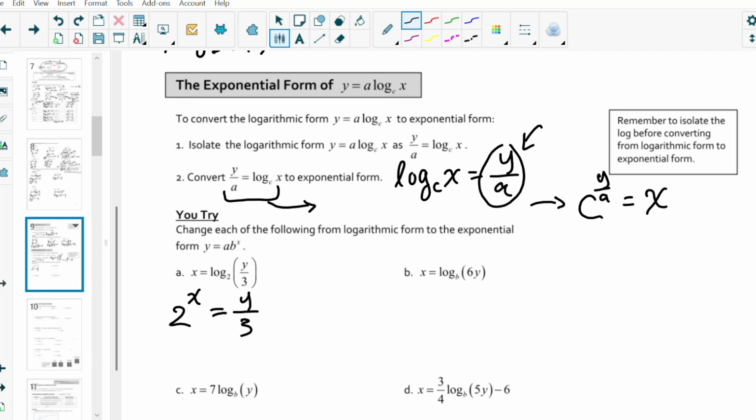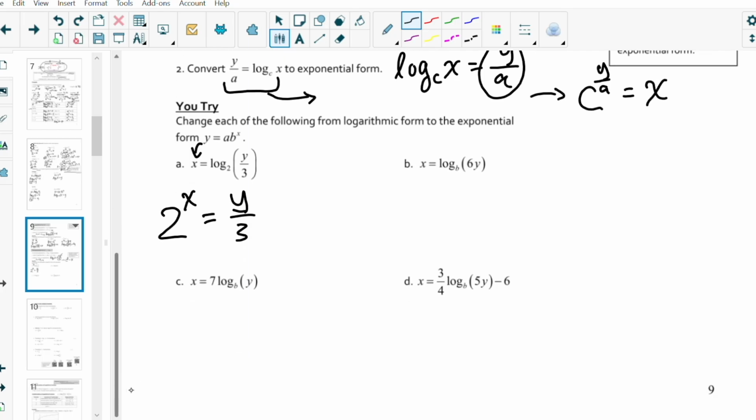And the result is y over 3. Okay, oh, let me start over. The base is 2. The exponent here goes there. And then the argument of the log becomes your result now. Okay, better. Let me do c as an example, and you can try the other two.